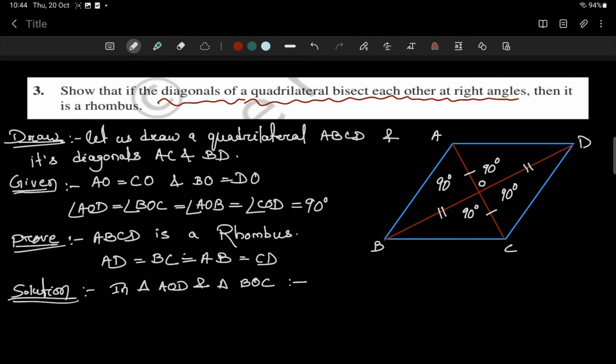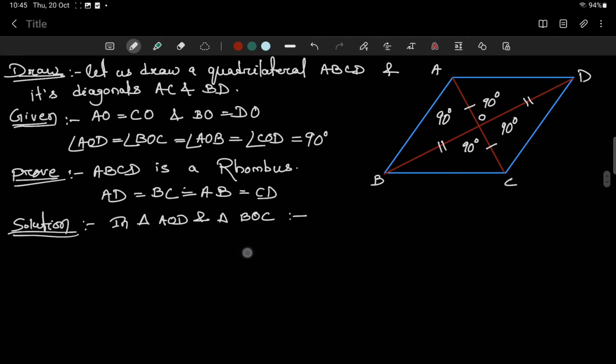Oh, wait. Then you have to make it twice congruent, no? Yes, you have to do it twice. Okay, so let's do it.